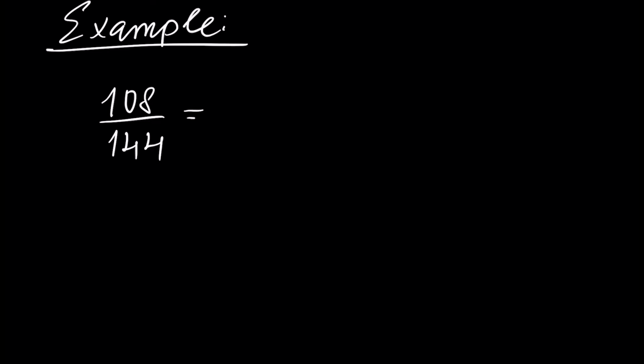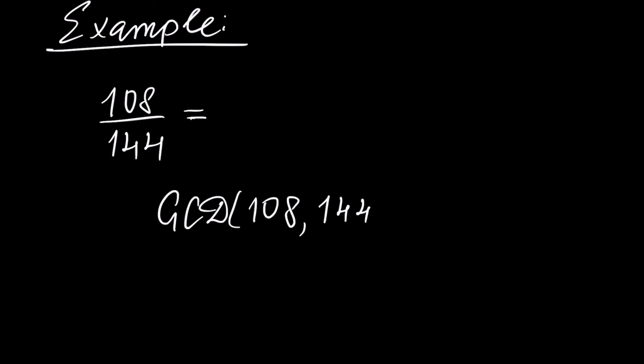If you watched previous tutorials, you know what is GCD, greatest common divisor of two numbers or several numbers. In this case, the GCD of 108 and 144 will be equal to 36.